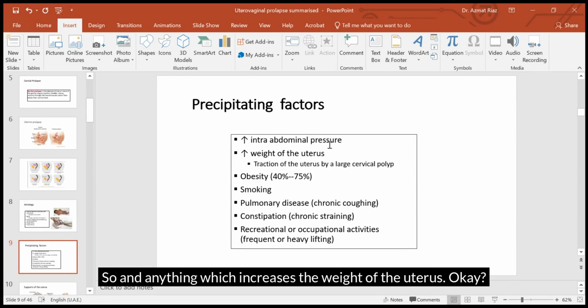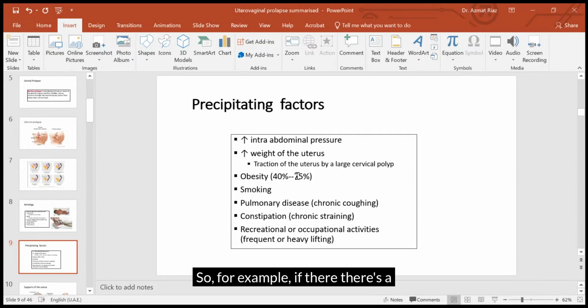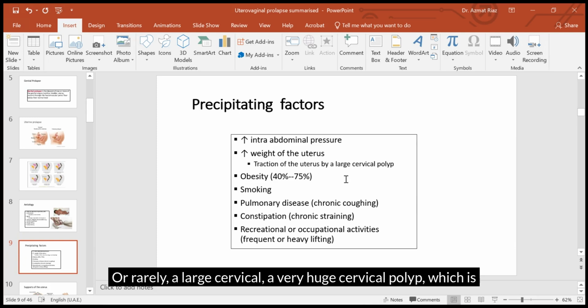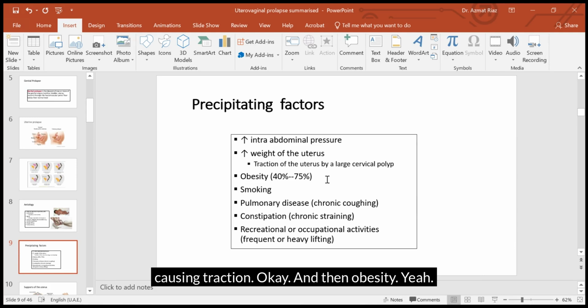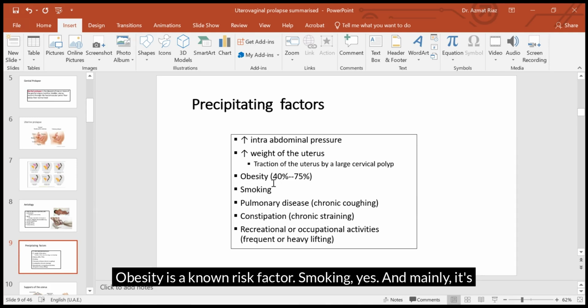And anything which increases the weight of the uterus, for example a big fibroid causing pressure, or rarely a very huge cervical polyp causing traction. And then obesity is a known risk factor.